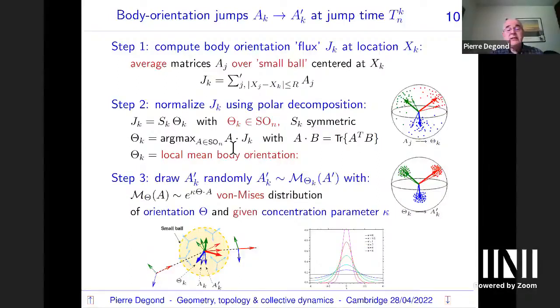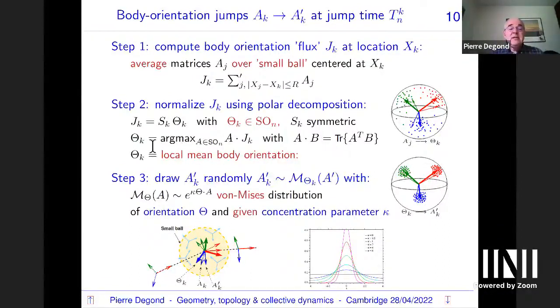So it's basically the closest matrix, in the sense of this inner product, to JK, which lies in the rotation group. And this dot product refers to just the traditional Frobenius inner product of matrices.